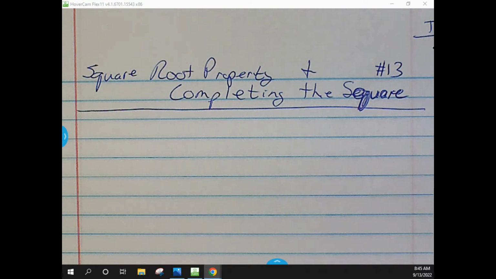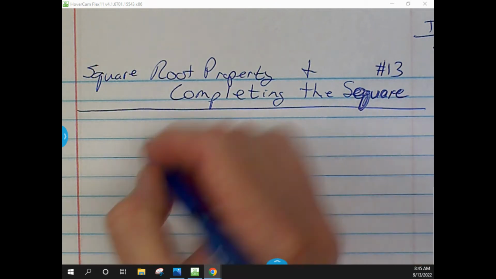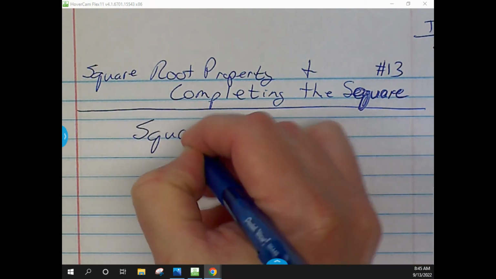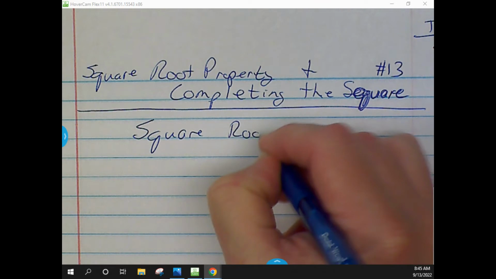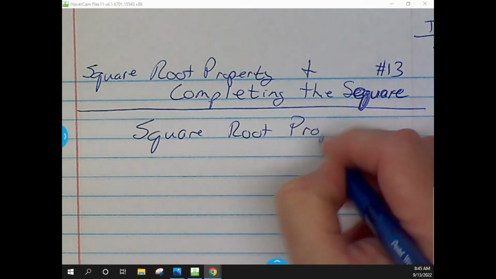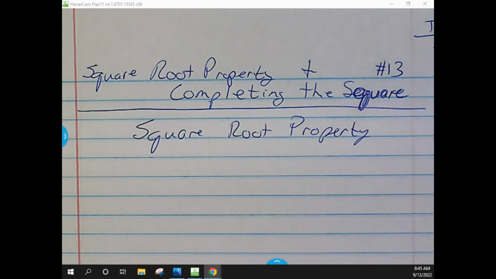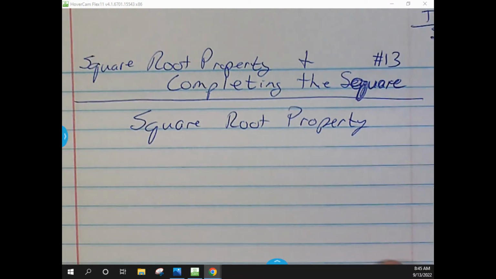But mostly we're going to do square root property when you basically have two terms. And then we'll show you another way we can do this later on where it's not just with two terms.